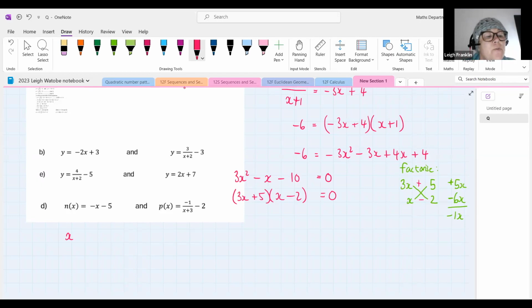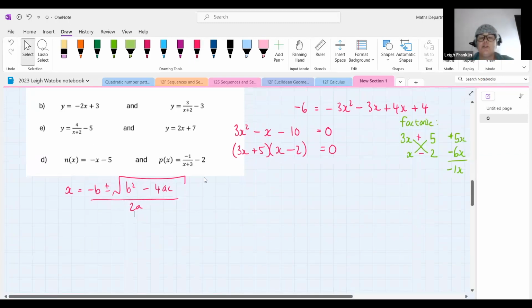So the quadratic formula, if you recall, is negative b plus or minus the square root of b squared minus 4ac, all over 2a. If you use the quadratic formula, you don't have to write it down like this, but you do have to show that you've subbed into it. So you must show the values of a, b, and c. So your other option here is to go x equals negative b.